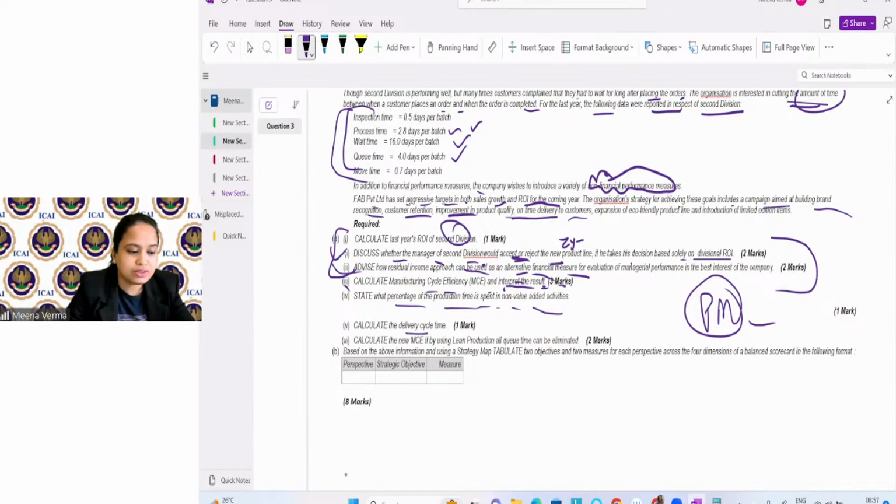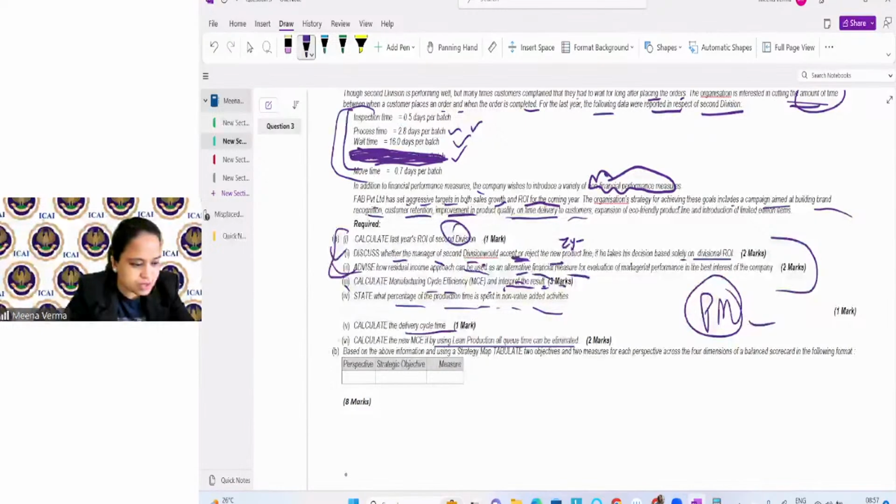Then calculate the delivery cycle time. Then calculate the new manufacturing cycle efficiency by using a lean production system. All queue time is eliminated. Queue time means this time. If they eliminate this queue time, then what will the manufacturing cycle efficiency be? This is the question.